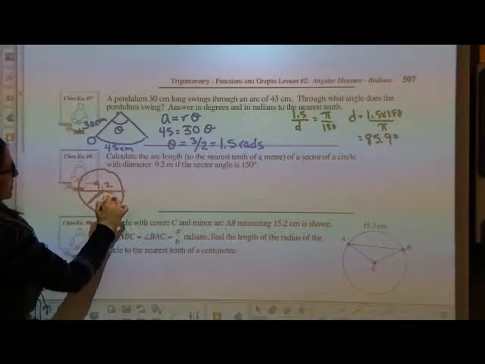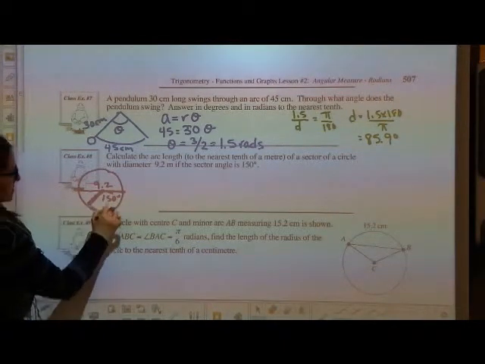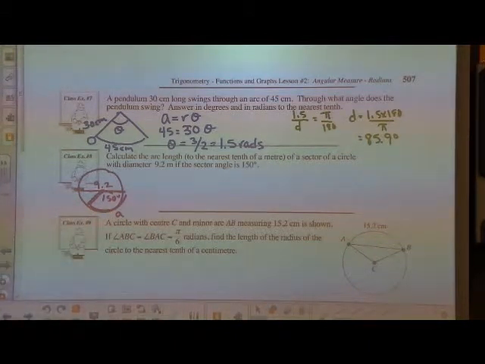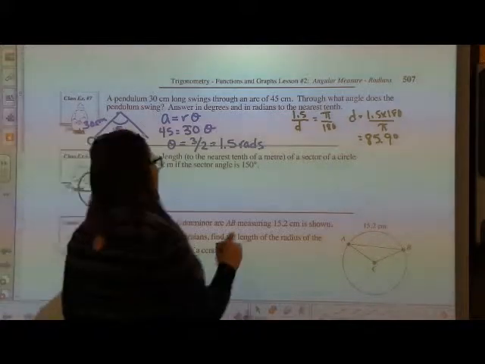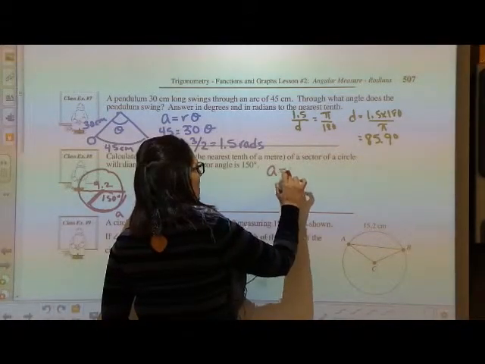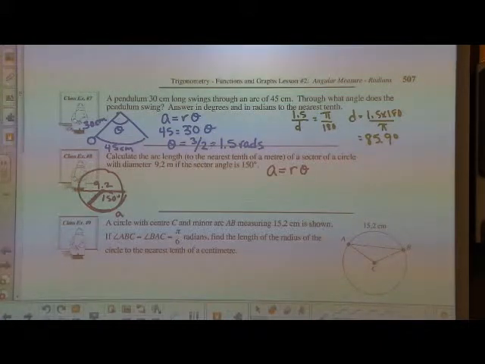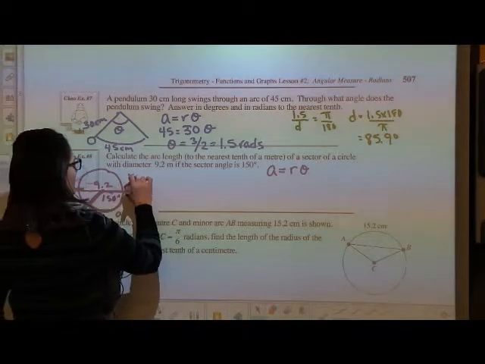So there's my sector, and this is what I want to know, what this arc length is. So in my formula, A equals r theta. What information do I know at this point? You know your r. How do I know my r? Half your diameter.